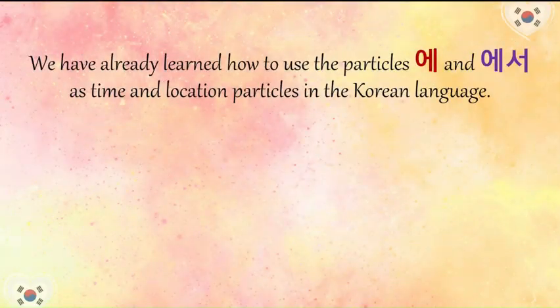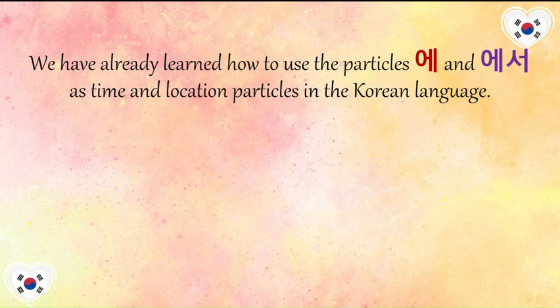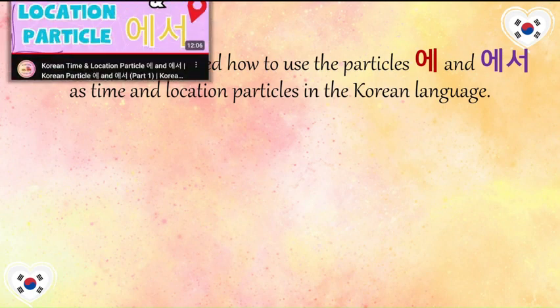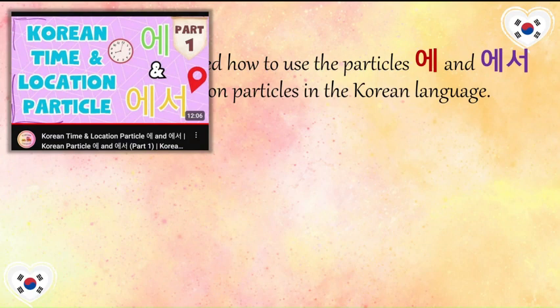Okay. We have already learned how to use the particles 에 and 에서 as time and location particles in the Korean language. In the past 4 videos of this series, we have learned the usage of these two particles as time and location particles. In the first part, I introduced you all to the Korean particle 에 being used as a time particle.